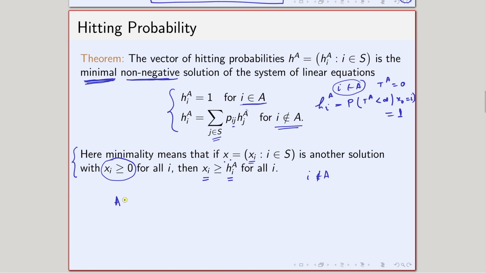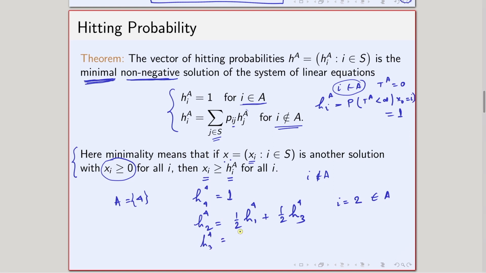In the previous example, A is the singleton set {4}, so H_4^4 is basically 1. From here, H_2^4 I can write as half H_1^4 plus half H_3^4, because in this case I have taken i to be 2, and 2 does not belong to the set A, because A is the singleton {4}.